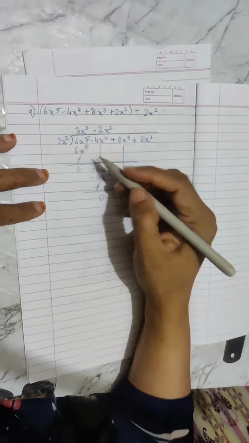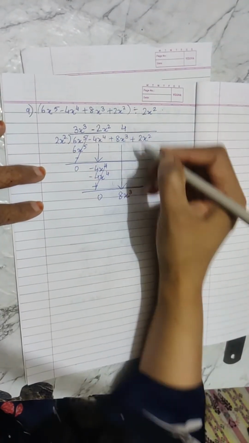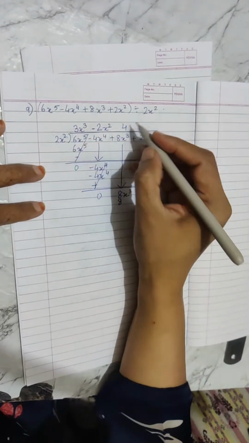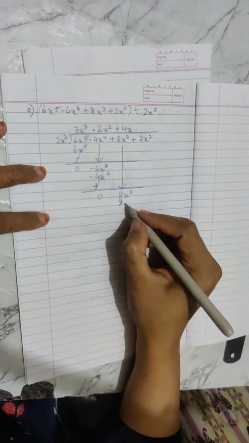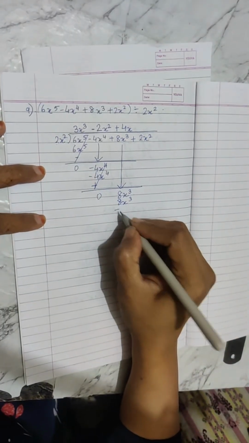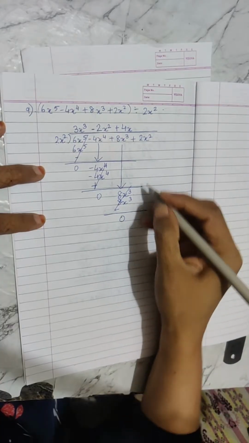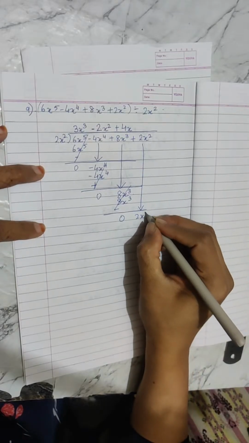Okay. In the table of 2, 8 goes 4 times. So write 4. 2 4s are 8. Cube minus 2 is 1. And there is a plus sign. So put a plus sign. So x. Change the sign. Everything gets cancelled. You get a 0. And the fourth term comes down.